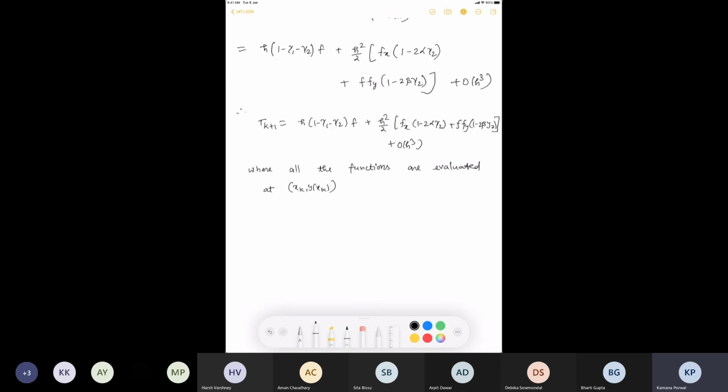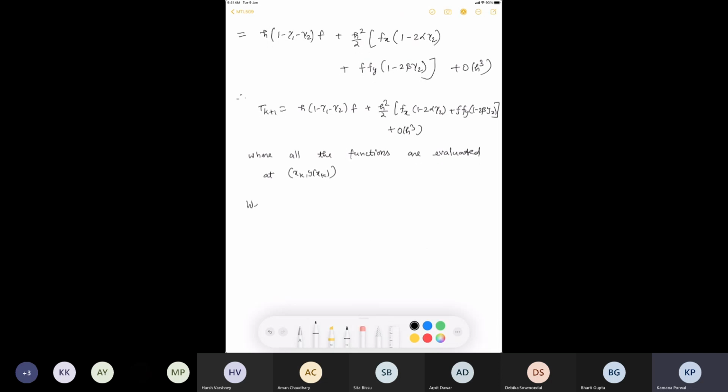Now, what do we desire? We desire that the truncation error has to be of order h cube.